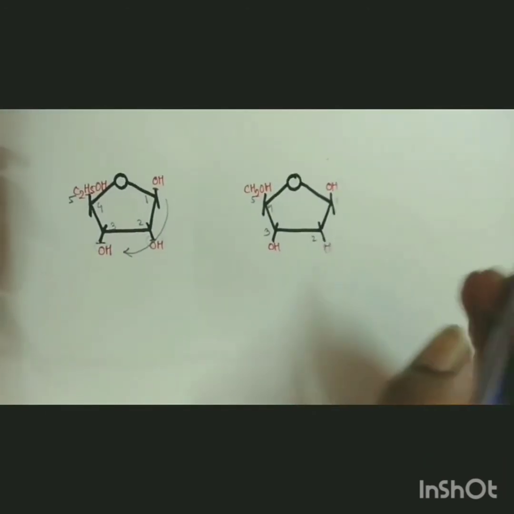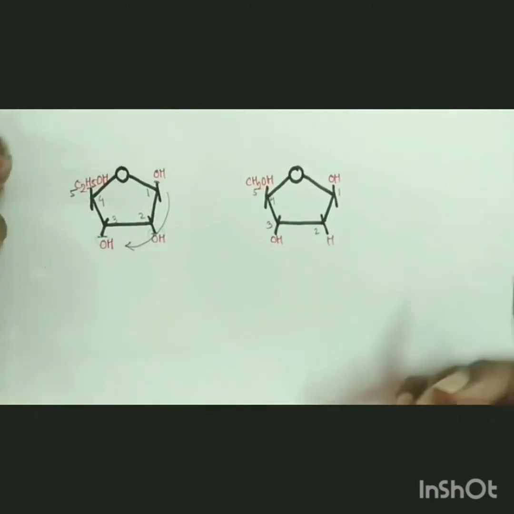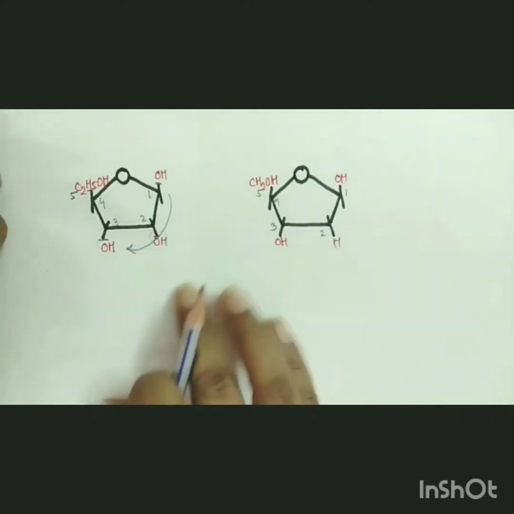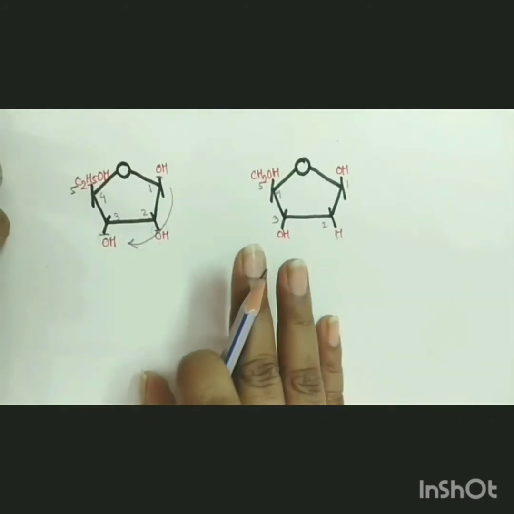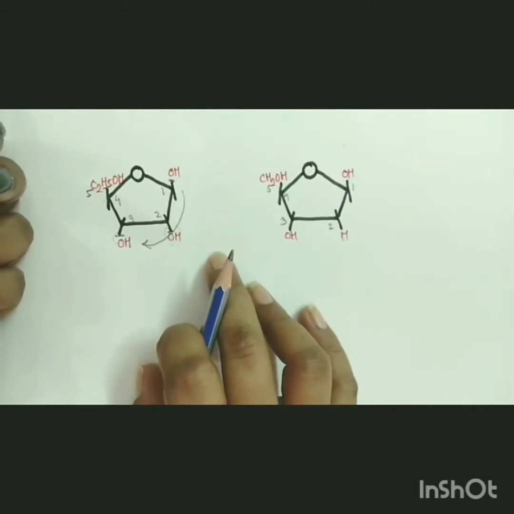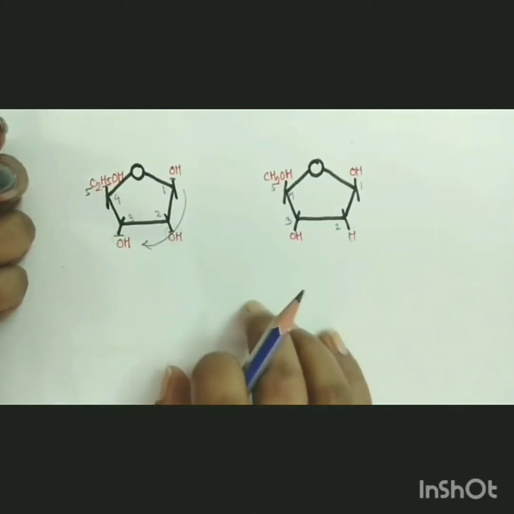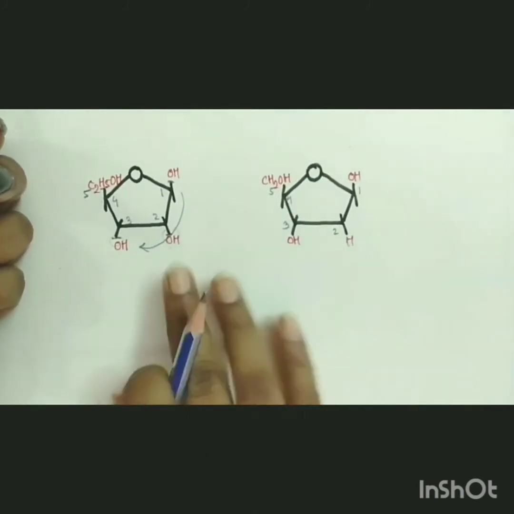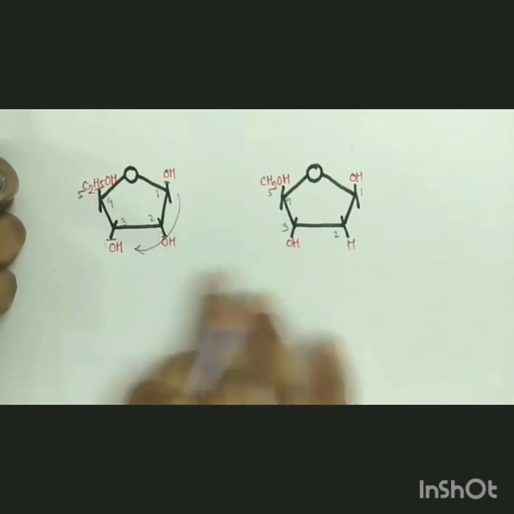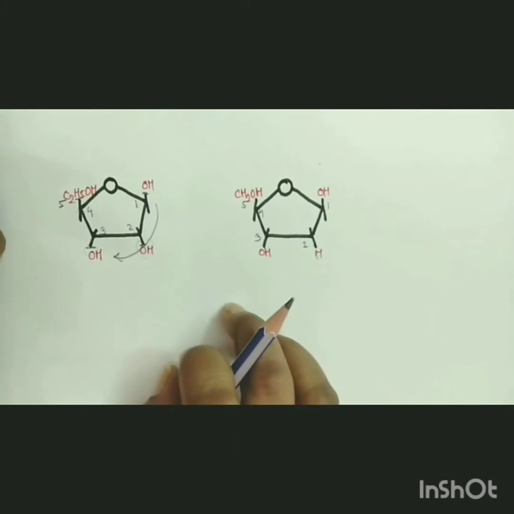So, after having drawn both the structures, it's time to identify which one of them is ribose and which one is deoxyribose. As the name suggests, deoxyribose must be lacking an oxygen as compared to ribose. So, let's look at the structure. Which one do you feel has less oxygen?